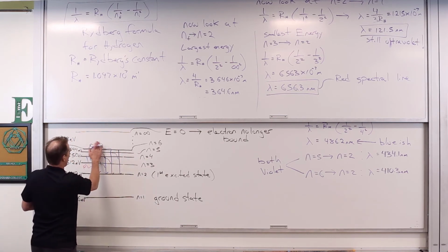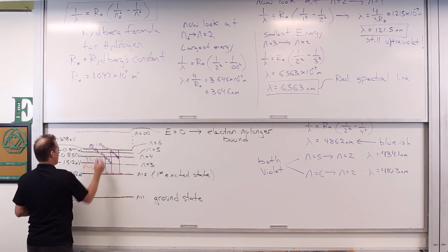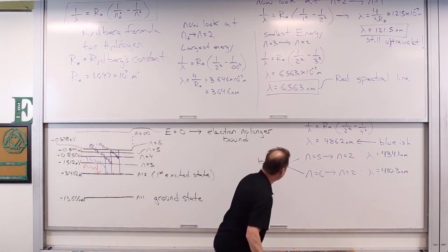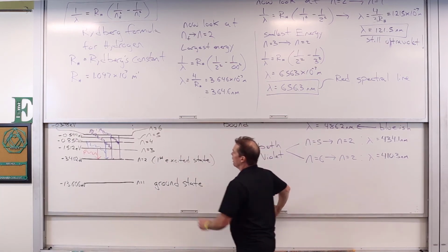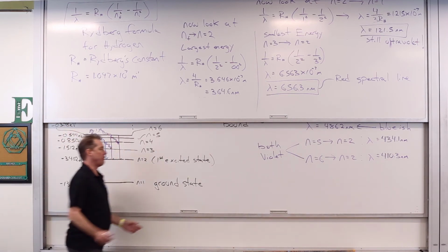And I may have drawn these out in a way that gives the interpretation that the wavelength got longer, but actually it's shorter. Some things to note: larger energy level difference, shorter wavelength, higher energy.